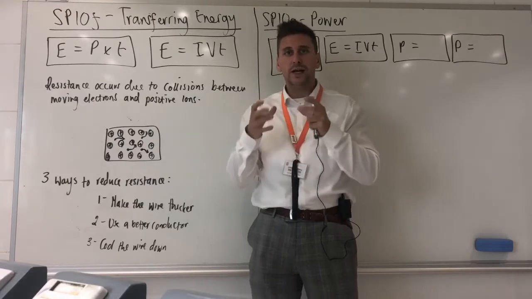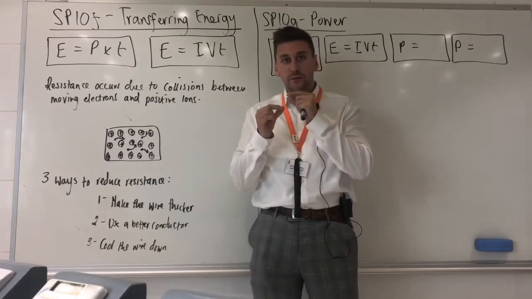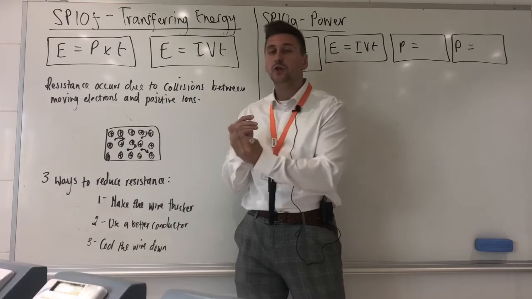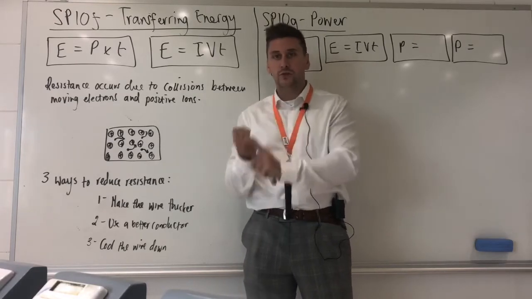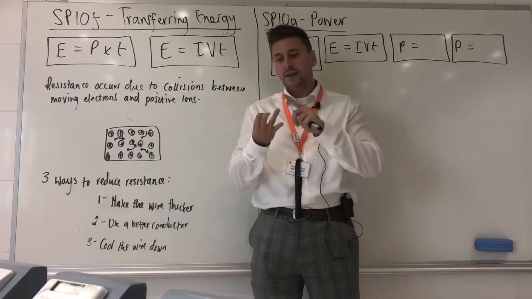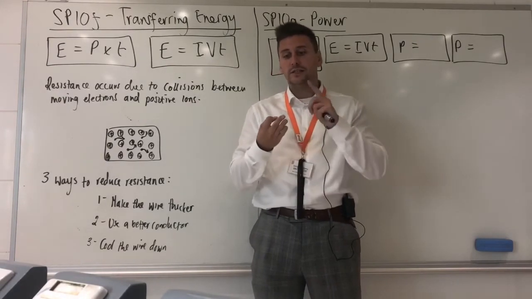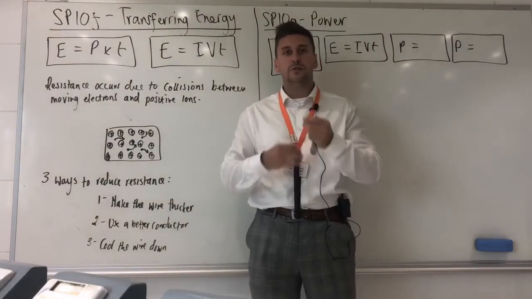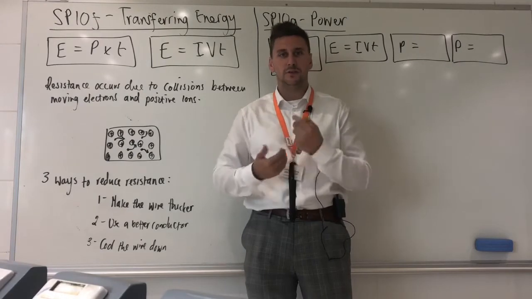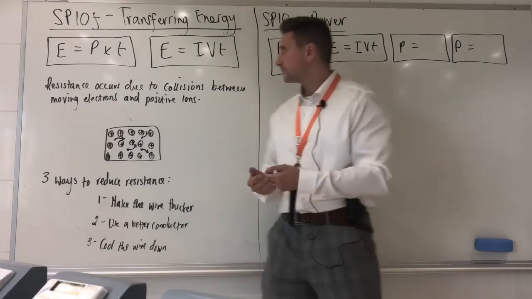So if you cool the wire down, you reduce the temperature of the wire, then those vibrations will become less and less, and the electrons should be able to pass through a lot easier. So again, reduce the temperature, reduce resistance in a wire. Use a better conductor, also reduces resistance, and finally make the wire thicker, which also reduces the amount of resistance and the collisions between electrons and positive ions inside that wire.